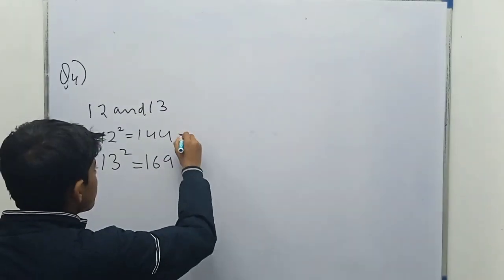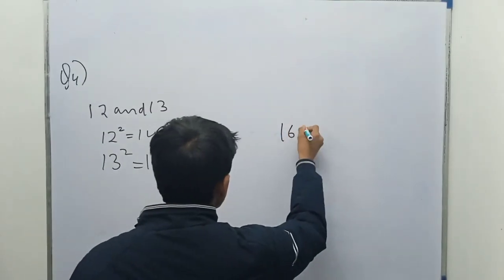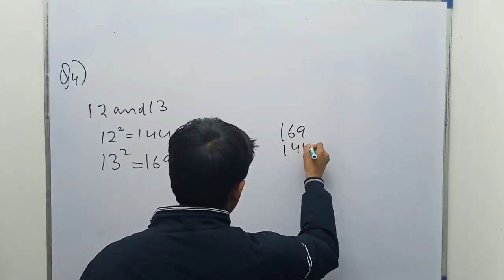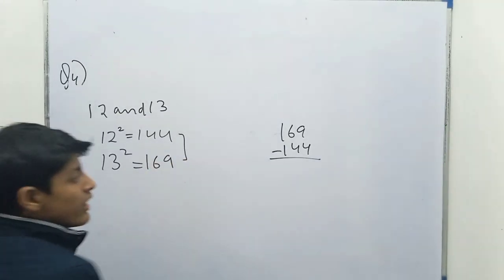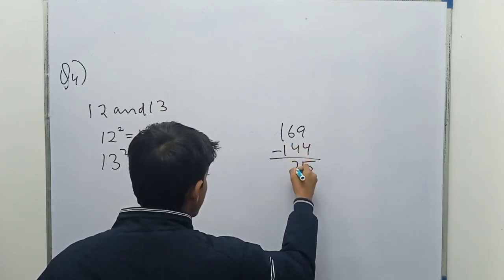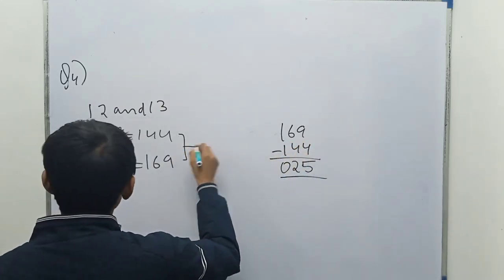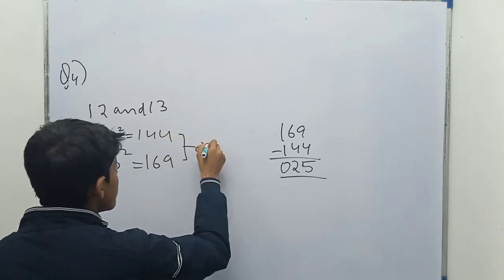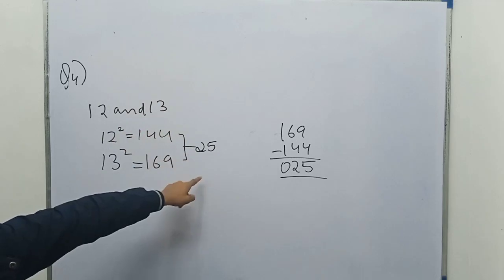Now we will subtract these numbers to get how many numbers lie between them. Subtract the greater number by the smaller number. Here we get 5, here we get 2, here 0: 25. So 25 is the difference between these two numbers, and the answer to this question is 25.